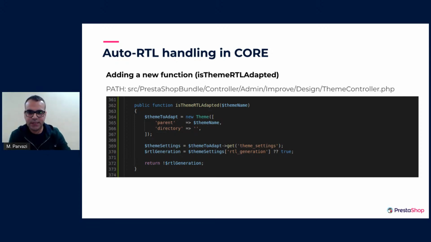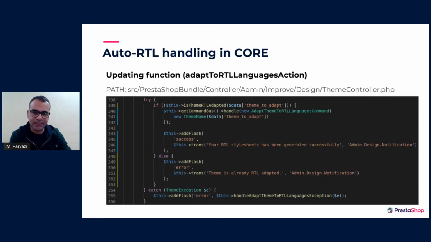So how it works: it tries to read rtl_generation from the theme config file, and if its value is false, then it skips generating RTL for the selected theme. But if this variable rtl_generation does not exist in the theme config file, then as before, the CSS sheet generator tries to generate RTL files for the theme.